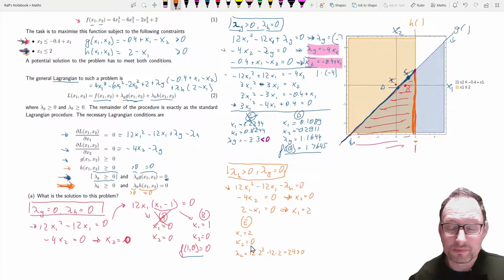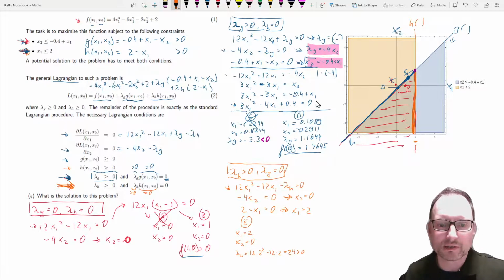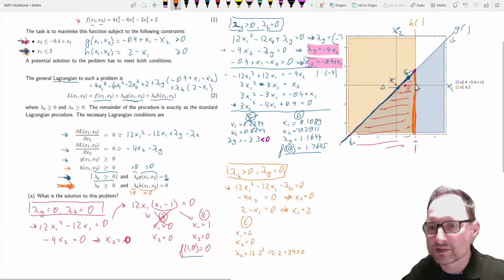So far that point meets the constraint H, and therefore all the Lagrangian conditions, but what we haven't checked yet is how it stacks up against constraint G. So let's draw in our point in our diagram. It's 2, 0. It's this point.